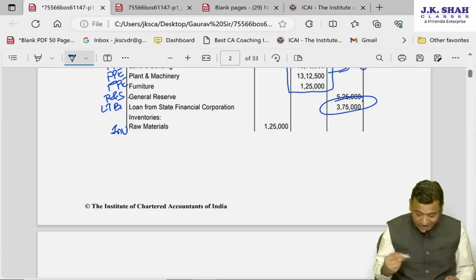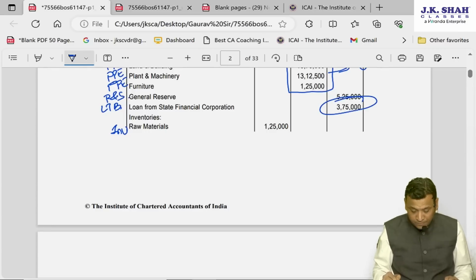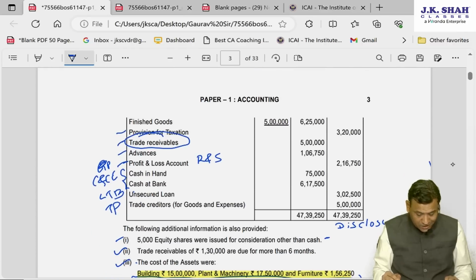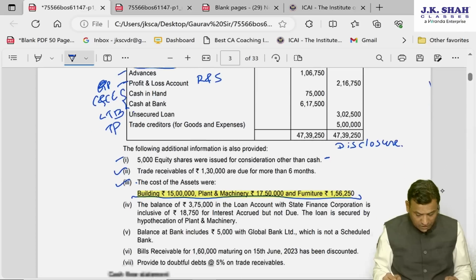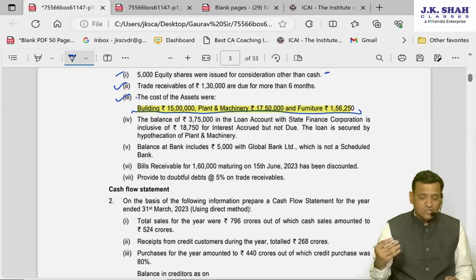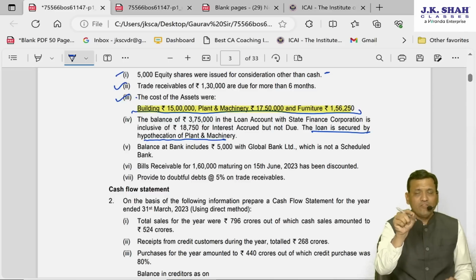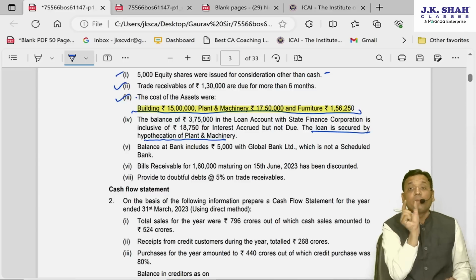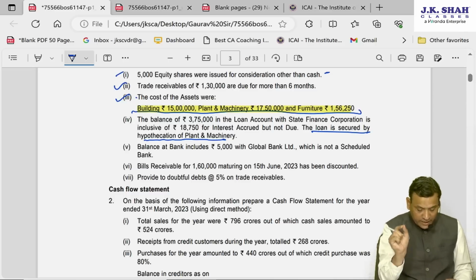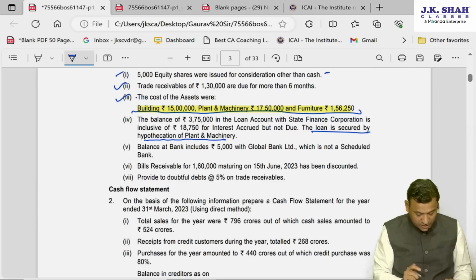So can I say the remaining amount will be long-term loan, and the interest which is accrued but not due will be shown as other current liabilities. The loan is secured by hypothecation of plant and machinery. So when we write secured loan, there we will write in brackets, in the particulars part, secured against hypothecation of plant and machinery.